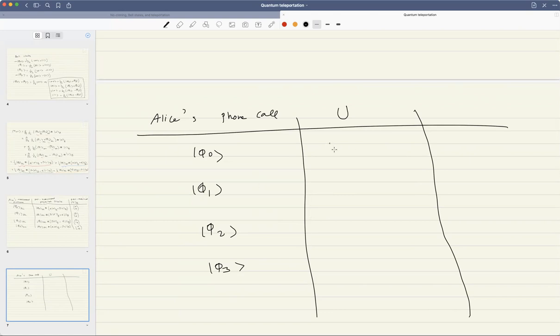So in this case, that U is the identity. Do nothing. You already have the state. So then let's call it U0. Let's say Bob's unitary.